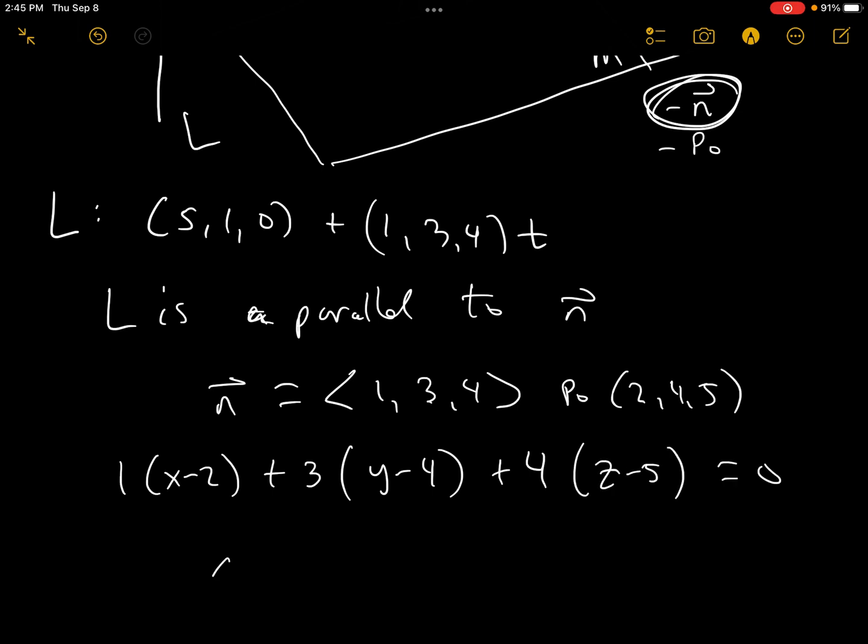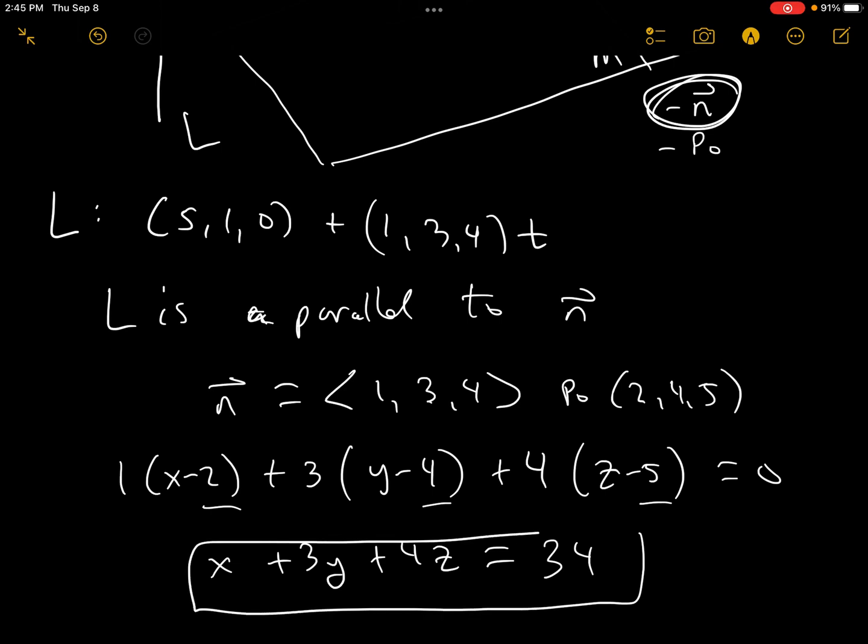Cleaning that up, we get x plus 3y plus 4z equals, what's that, 2, 12, 20, equals 34. Final answer. Okay. Well, that's problem 1.